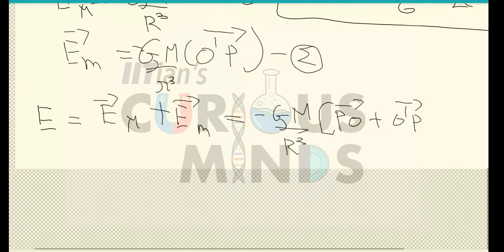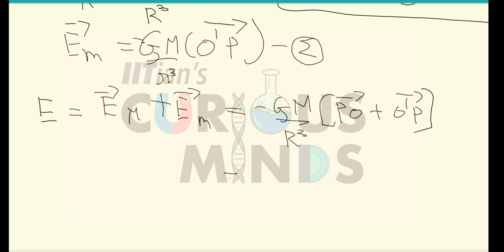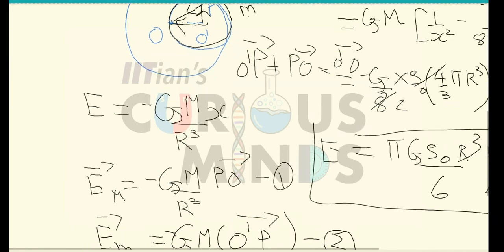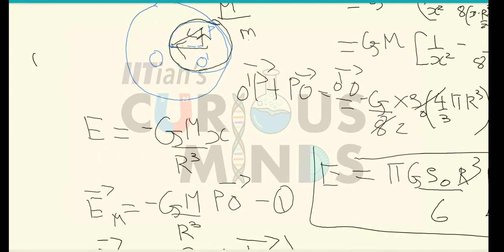So it will be equal to minus GM divided by r cube into O dash O vector. Now what is its magnitude? O dash O can be written as the vector magnitude into its direction, so it is equal to r by 2 into I vector.